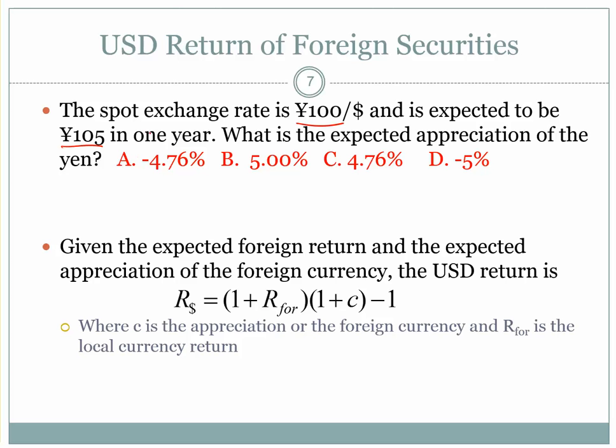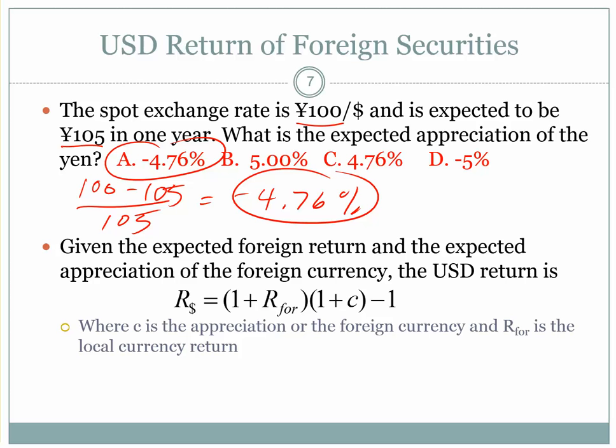So we can look at the appreciation of the yen. Since this is an indirect quote, yen over dollar, and I want to know the appreciation of the yen, I will use 100 minus 105 over 105. That'll tell me what happened to the yen. And you can see the yen is down 4.76%.